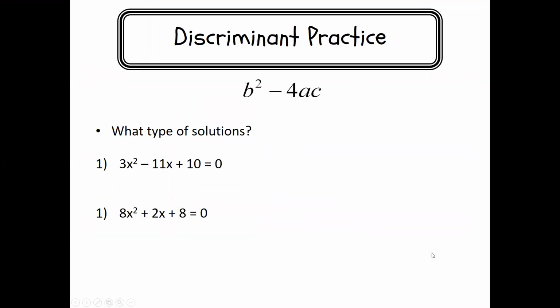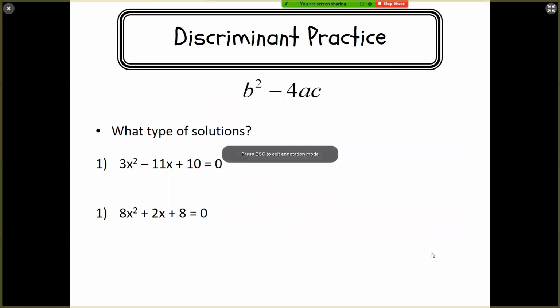Let's practice. So here we're going to figure out what type of solutions we have. To do that, we have to find the discriminant. The discriminant equals b squared minus 4ac. So looking at the first question, number 1, we have 3x squared minus 11x plus 10 equals 0.